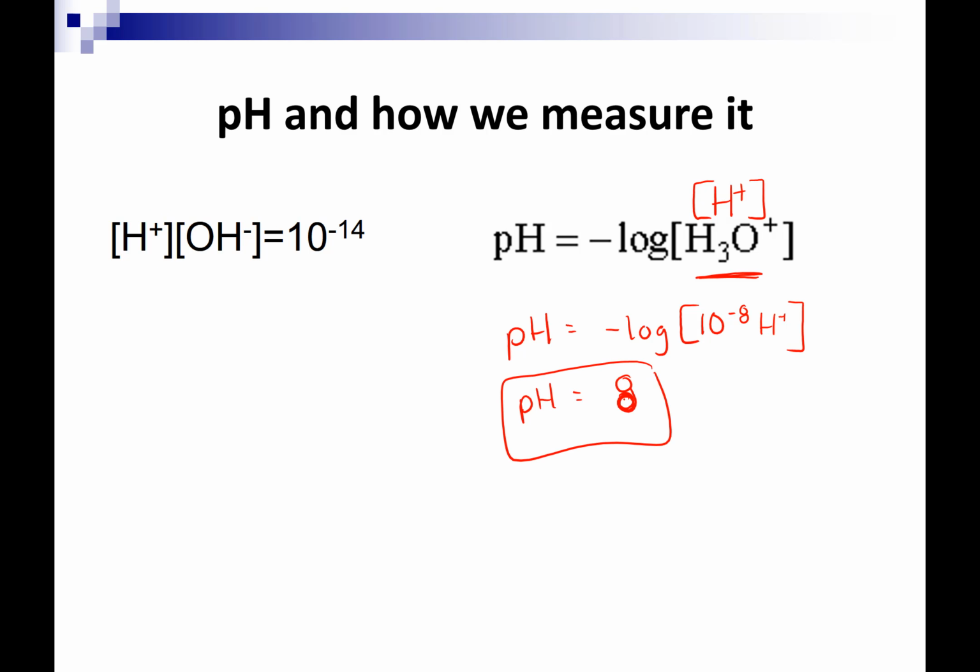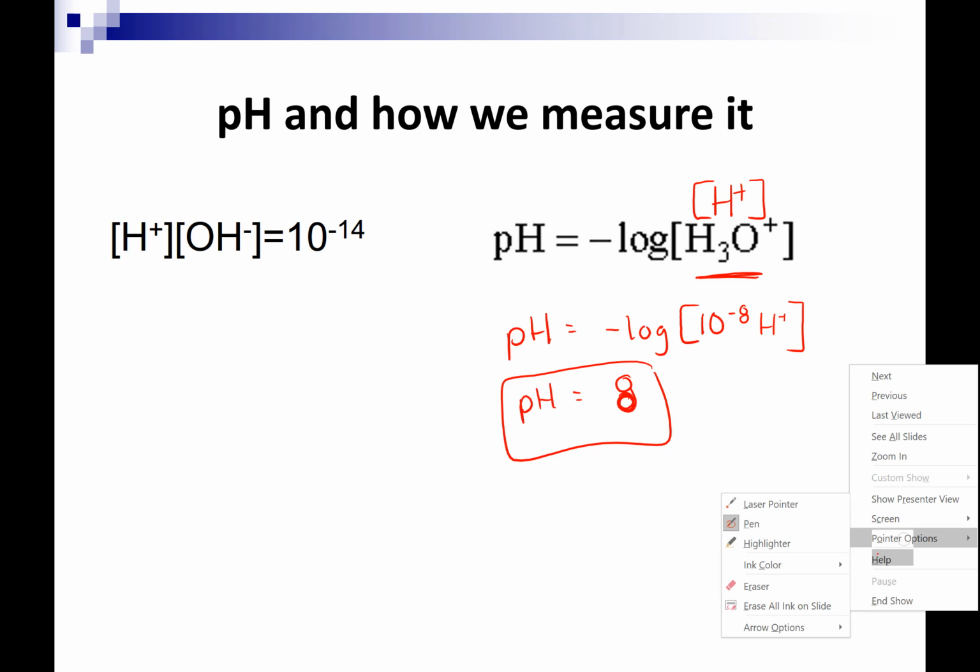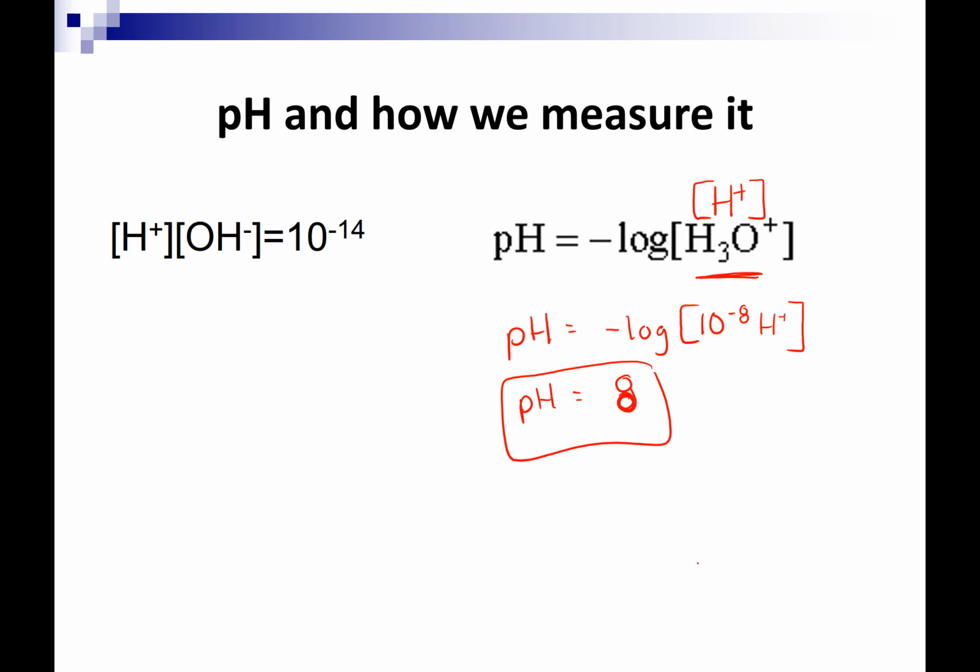Okay. So all you're doing is taking this exponent, and that's the value. So pH values are always positive, always between 0 and 14. And if you work this out, the negative log of 10 to the minus 8th equals 8.